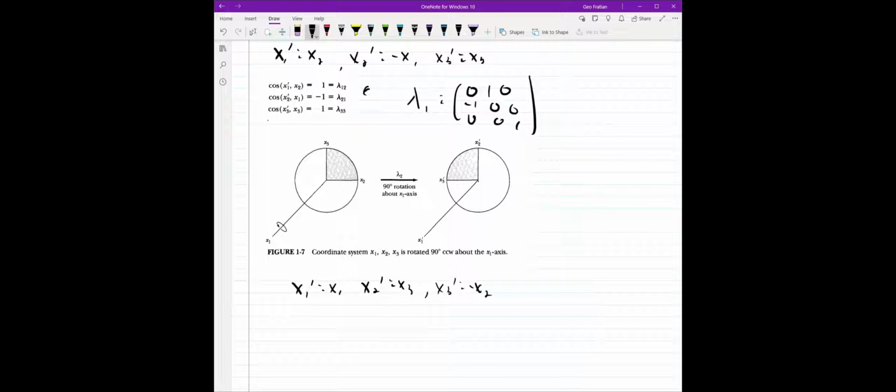Since there are no angles between them, we should only have 3 non-zero values in our matrix. So lambda 2, I'm going to call this, is equal to 1, 0, 0, because the first element has to be 1 since they're the same, and then 0, 0, 1, so 2 maps to 3 now, and then 0, negative 1, 0 for our last row.